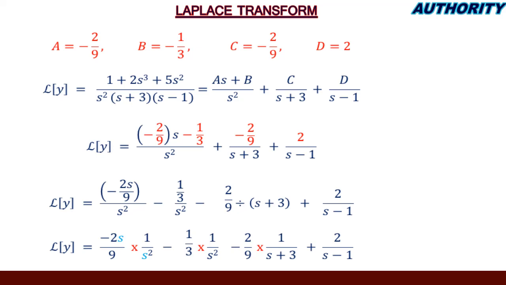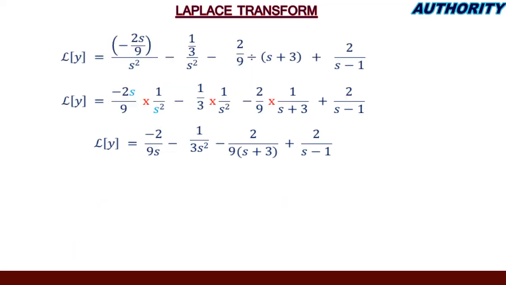Here we have the Laplace transform of y is equal to, when we multiply the first term by s, we cancel s. So we are going to have minus 2 all over 9s for the first term. Then minus, the next one we are going to have 1 all over 3s squared.